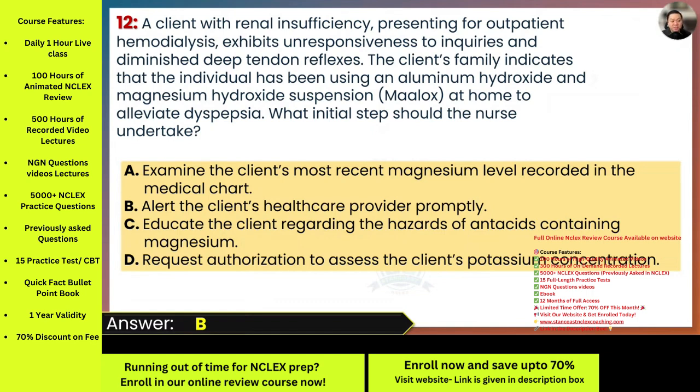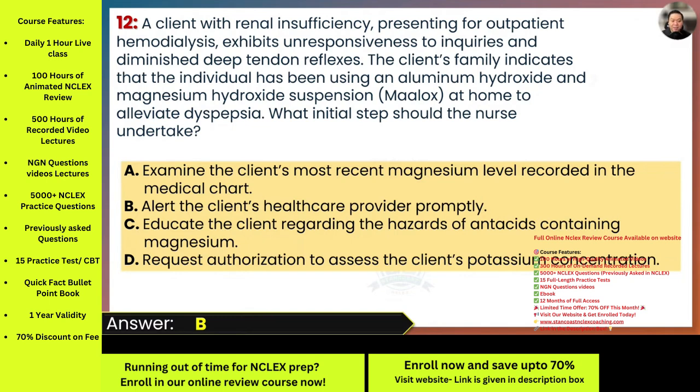So for this test question, this is basically a prioritization about a life-threatening condition. You have to prioritize the client's safety, airway, breathing, and circulation. And we need to act on this right away by notifying the medical provider in order for us to obtain those orders to reverse the magnesium toxicity.